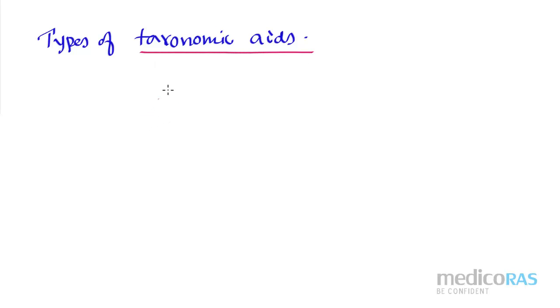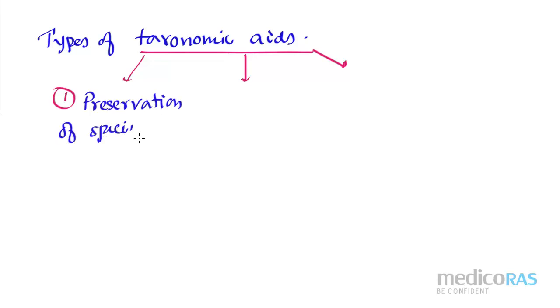So please write down types of taxonomic aids. So we have basically 3 different types of taxonomic aids. Number 1, what we have? Number 1 is the preservation of species. Okay, for future, of course, for future.